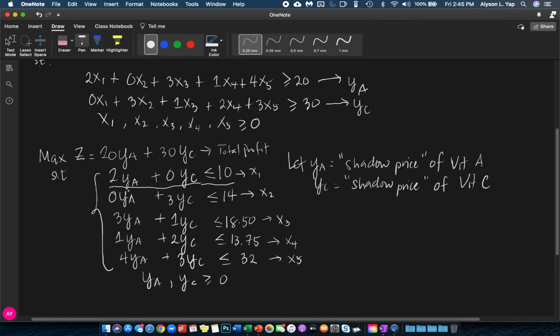And remember our definition of YA and YC. YA is the price that we will be setting for each unit, or each capsule, of vitamin A. YC is the price of each capsule of vitamin C. And therefore, if you multiply 2 times YA, add it to 0 times YC, then this is the price that the family will have to pay if they will not purchase food item 1 and instead will just purchase vitamin A and vitamin C directly from the pharmaceutical company.